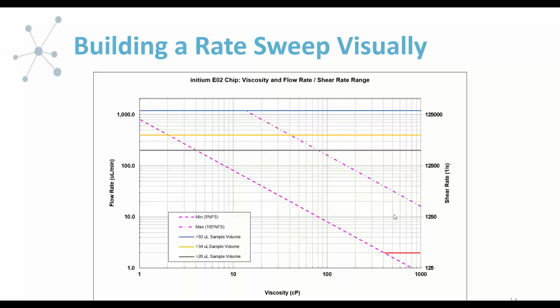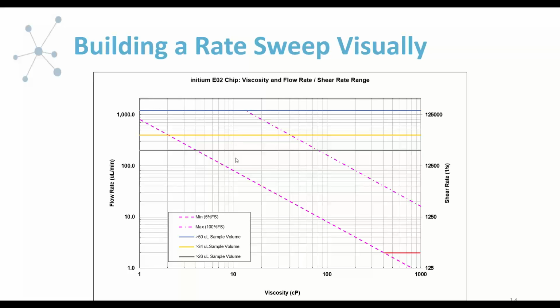And then with the E02 chip, it shifts over just a little bit more, but now you have much higher shear rates to explore from the corresponding flow rates. And again, you can clearly see how with high viscosity samples, you can explore a much wider range than you can with low viscosity fluids, especially if sample volume is the limiting factor here.